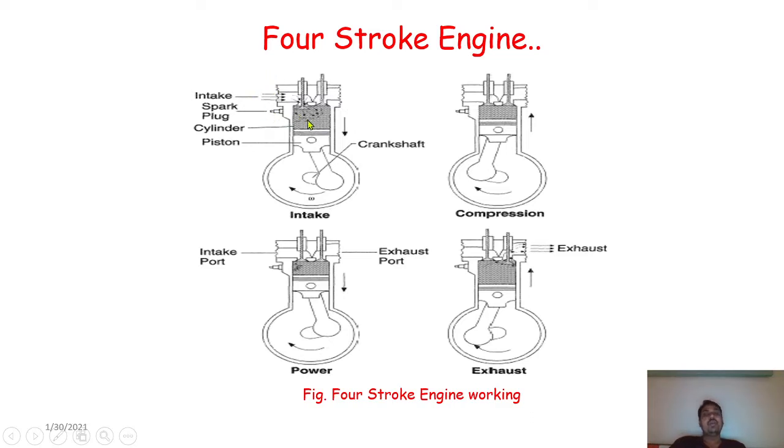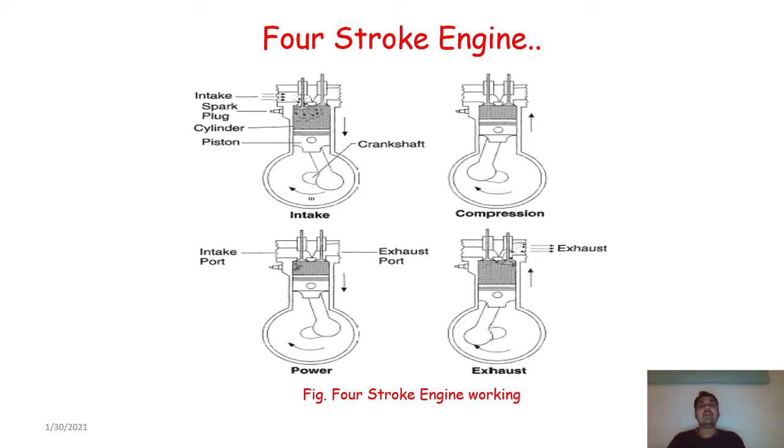Initially, when the piston is moving from TDC to BDC, some amount of vacuum will be created inside the engine cylinder, and at the same time, because of the camshaft operation, this inlet valve opens while the exhaust valve remains closed.